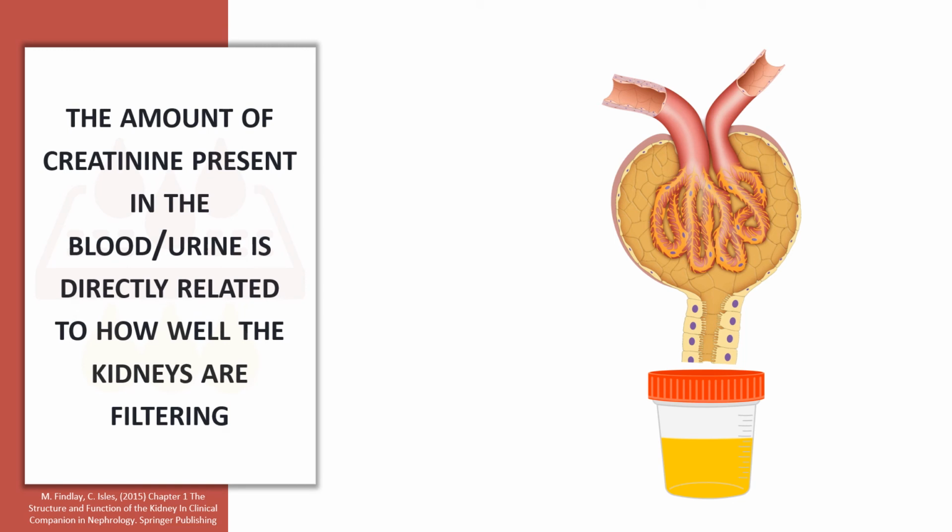And this is why we focus our attentions in kidney disease on creatinine levels. The amount of creatinine present in the blood or the urine is directly related to how well your kidneys are functioning. So this is why we use the albumin creatinine ratio. The eGFR is calculated according to what your blood creatinine levels are.